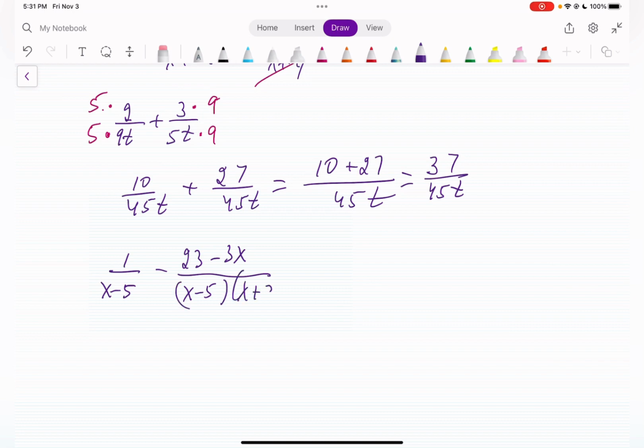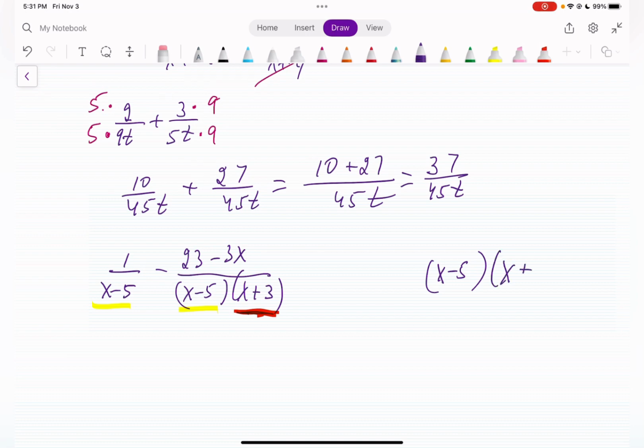plus 3. Okay, so on both sides we have x minus 5, right? So x minus 5 is going to be one of our denominators, and this x plus 3 we don't have in the first fraction, so that means I need to add x plus 3 also.